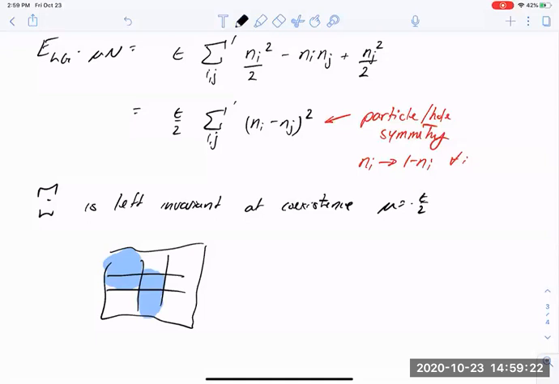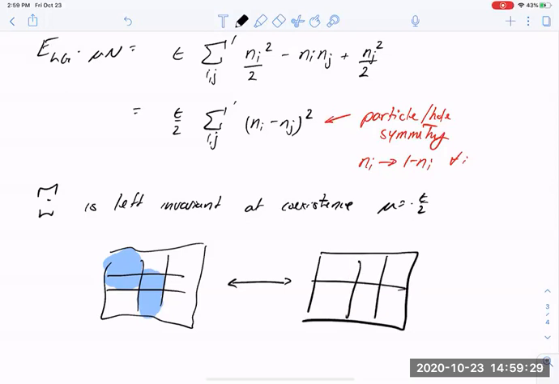Those sites are filled. If we do this particle-hole inversion, we now change the filled sites to empty and the empty sites to full. Those two have the same weight. Along this line of mu is equal to minus epsilon, if I have all sites full and all sites empty, those also would have the same weight.